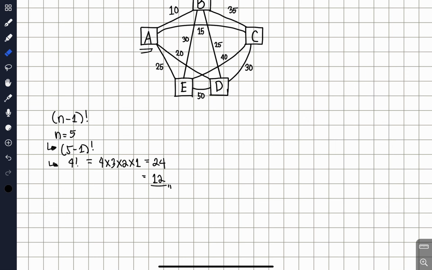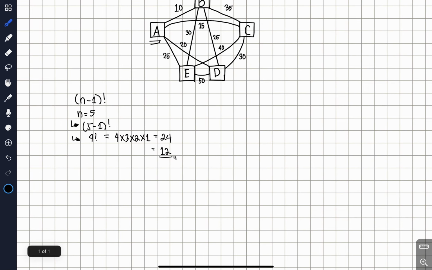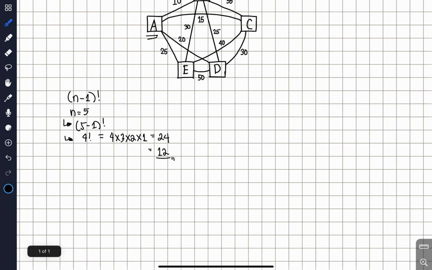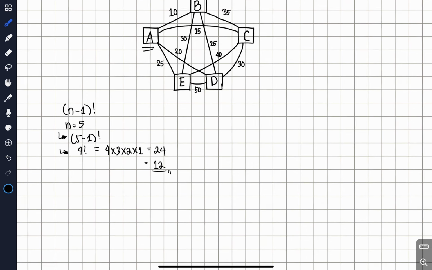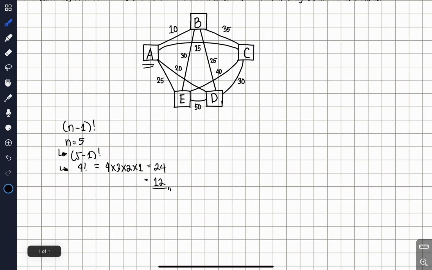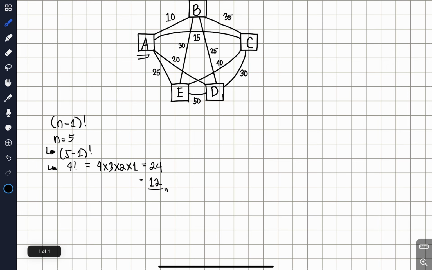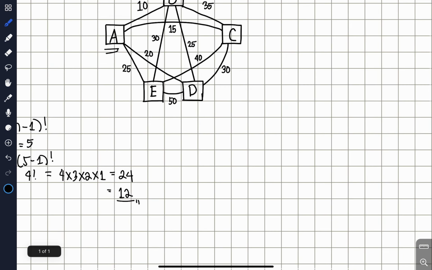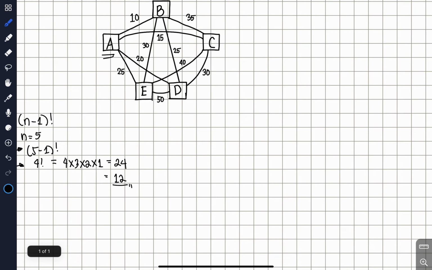So after getting the total permutations, we get the permutations of the vertices based on the number of permutations we got. First, let's list this down so that we would be organized in our values.